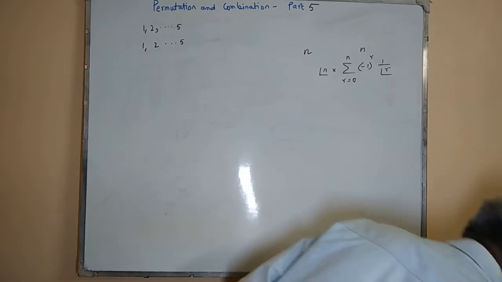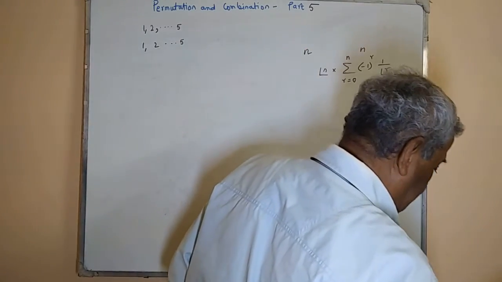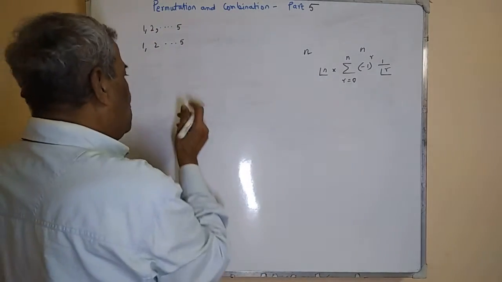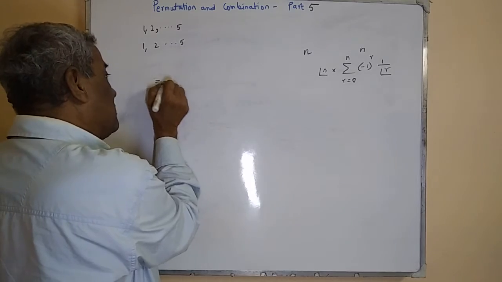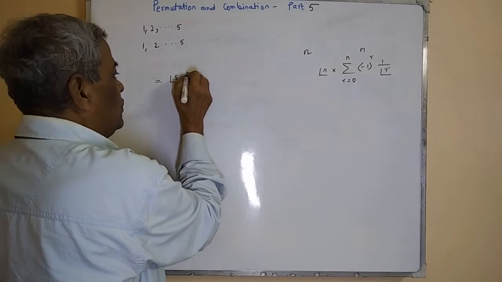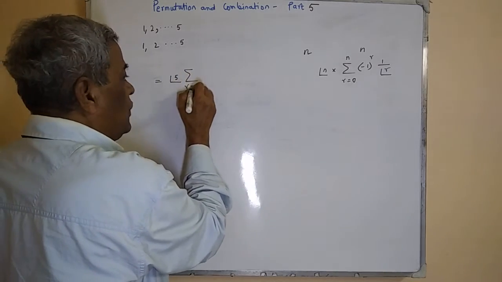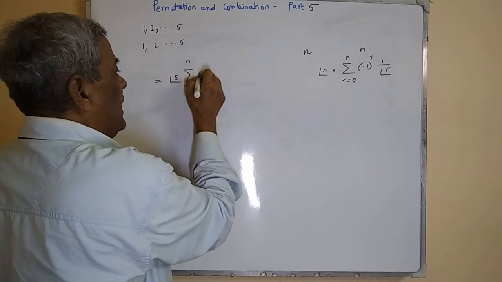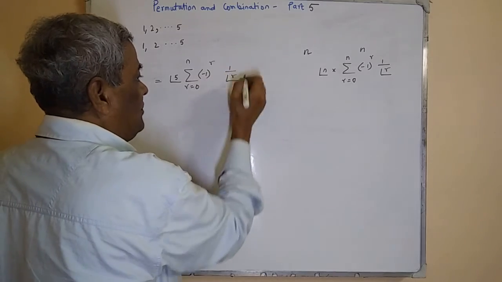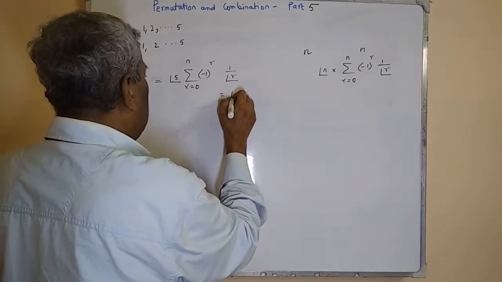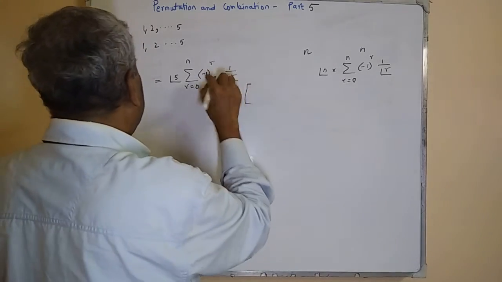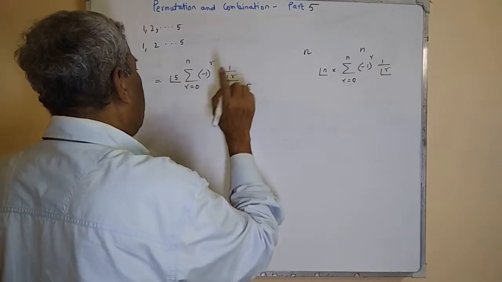Then, for this case, n is 5. So the number of derangements is factorial 5 into sigma r equal to 0 to n minus 1, to the power r, into 1 by factorial r. That is, it is equal to factorial 5 into: r is 0, so it is 1, 1 by factorial 0 is again 1.